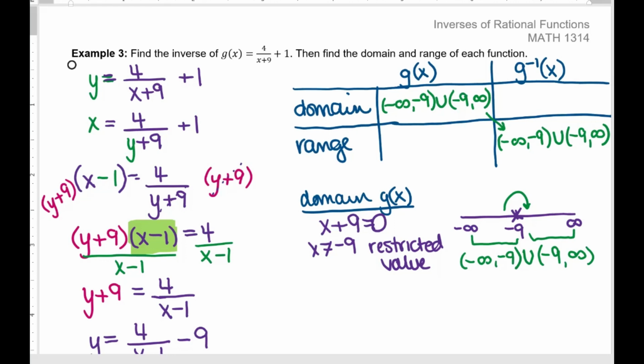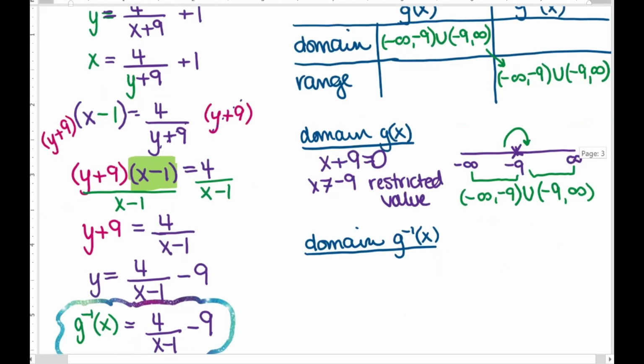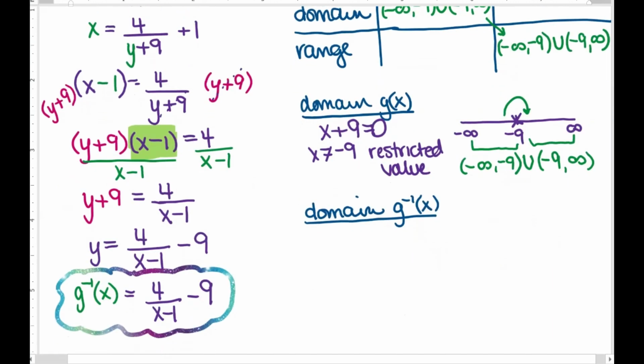Almost done. One more thing that we need to find. We need to find the domain of the inverse. And our inverse function was also a rational function. If we look at it, it's 4 all over x minus 1 minus 9.